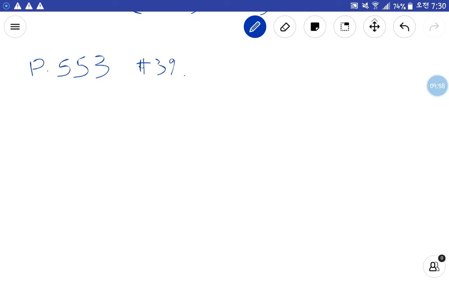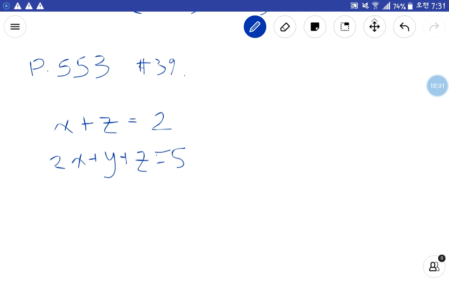Okay, so we are on page 553, number 39. So my question is this. X plus z equals 2. 2x plus y plus z equals 5.